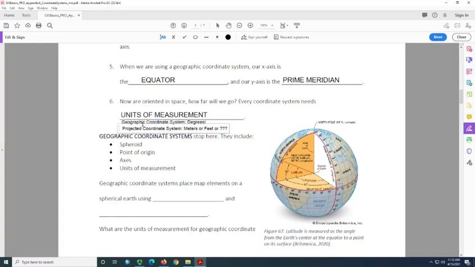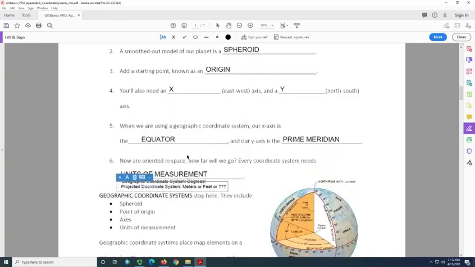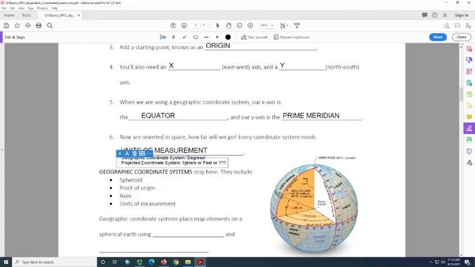Let's see if I can make this line up a little bit better too. Okay, so basically a geographic coordinate system stops right here. They take that lumpy real Earth and they smooth it into a spheroid. They pop in a point of origin where you're measuring from, and then you've got axes, north, south, east, west, and units of measurement.